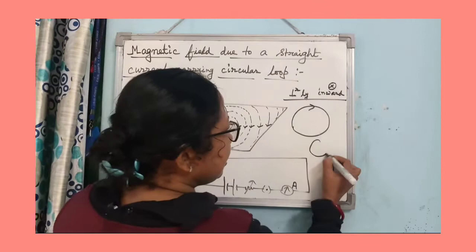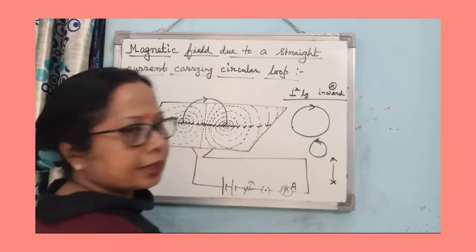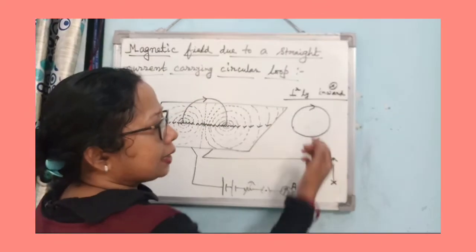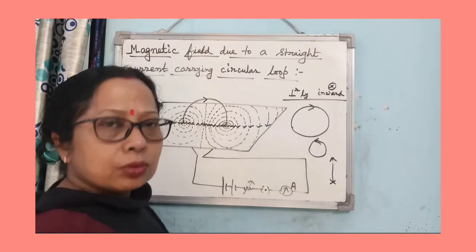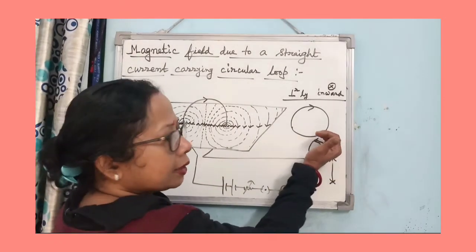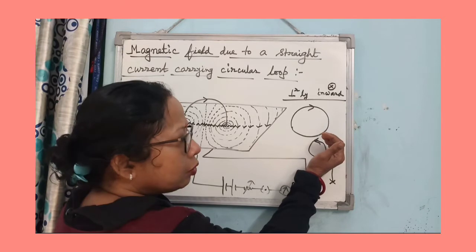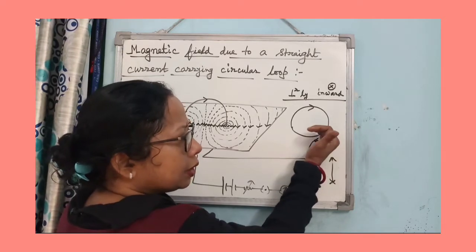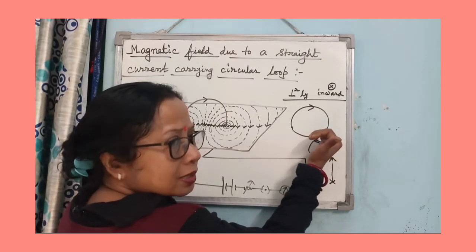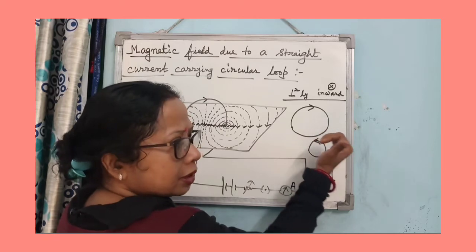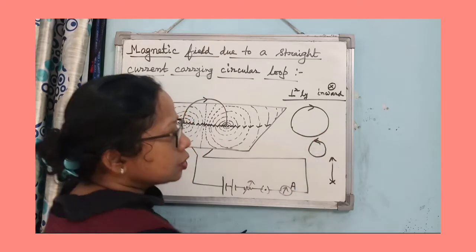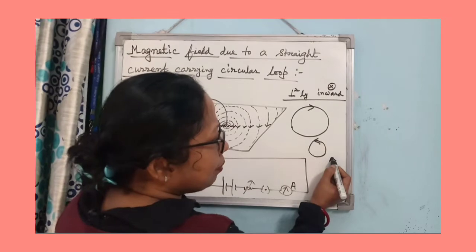Now you see, if the current is in the opposite direction, meaning the current is in the anti-clockwise direction, how to find out the magnetic field? Again you use the right hand thumb rule: 4 fingers along the direction of the current. The thumb is in which direction? Outward direction. Alright, so in the outward direction, you can see the tip of the arrow.